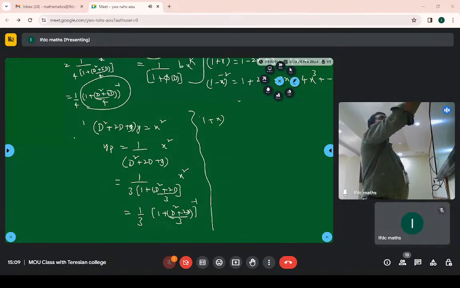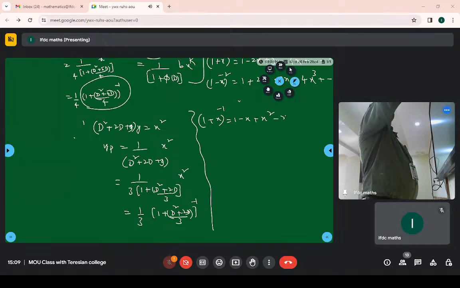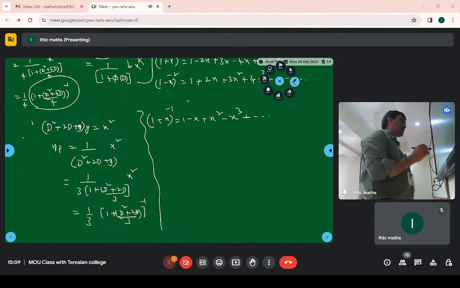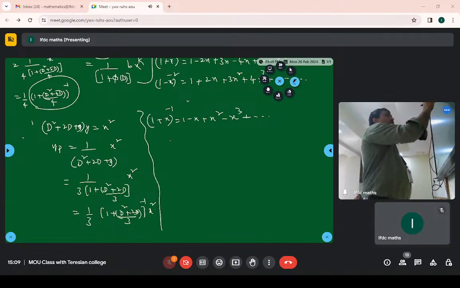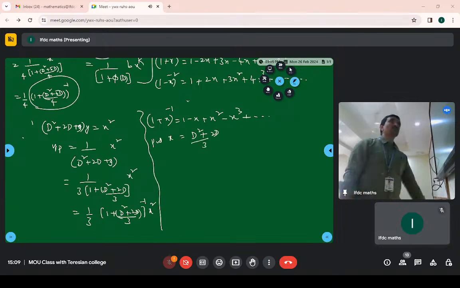(1 + x)^-1 is 1 minus x plus x² minus x³. You need to take it up to, depending on your terms. Since x² is there, up to second degree is important. What do you substitute in the x place? You can substitute (D² + 2D)/3 in the x place.